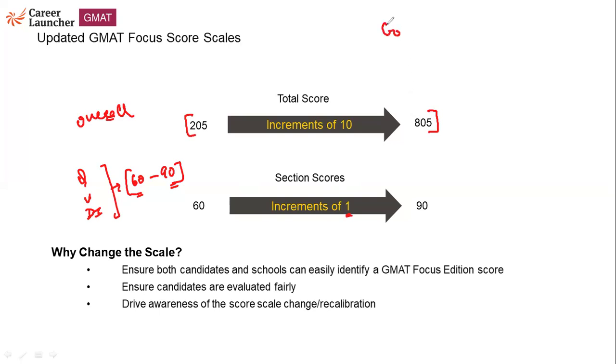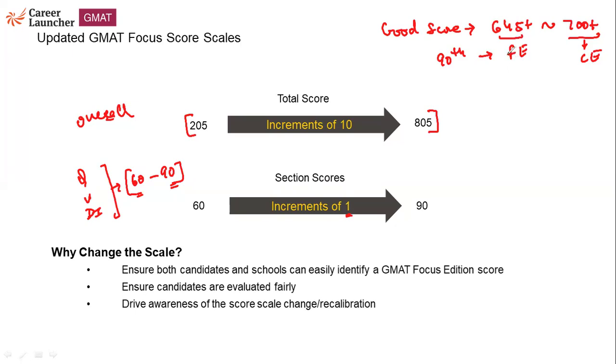A good score, that is 645 plus, which is equivalent to a 700, right? You must have come across 700 being a nice score. 700 was the target score of the classic edition, which was earlier. So classic edition, which is also 90th percentile. With respect to the focus edition, that score is now 645.